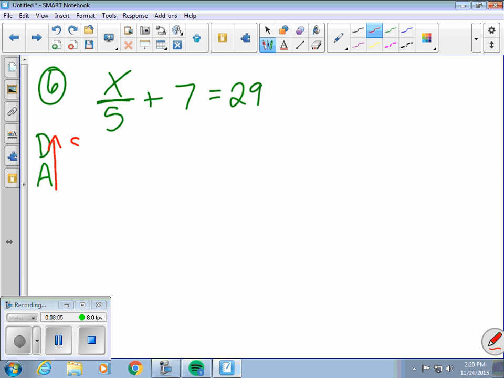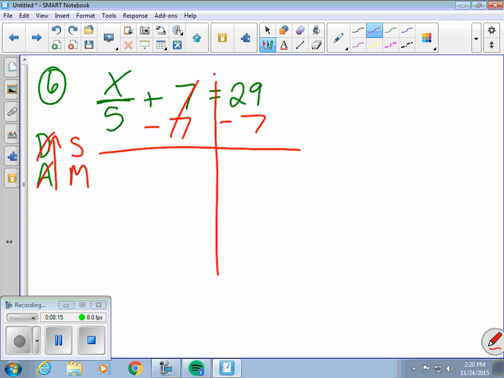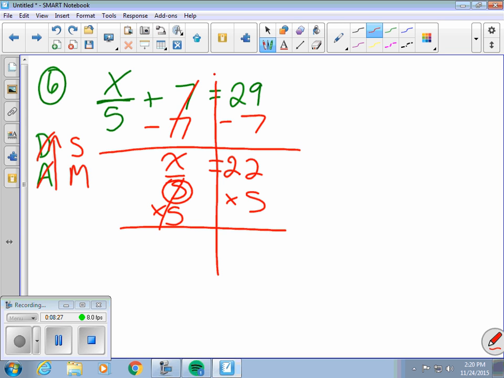First I'm going to subtract, and then I'm going to multiply. I'm going to subtract 7 on both sides, giving me 22 on the right, leaving me with x divided by 5 on the left. And then I'm going to multiply. I was dividing by 5, so I'm multiplying by 5. Those two go away, giving me x equals 110.